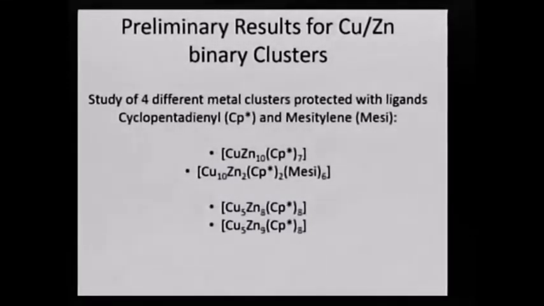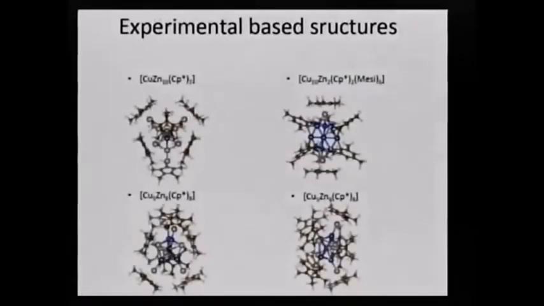And we have the system copper zinc 10 with 7 CP star ligands, copper 10 zinc 2 with 2 CP star ligands and 6 mesitylene ligands, and copper 5 zinc 9 with 8 CP star ligands. Basically, these were the experimental structures that were provided for us.